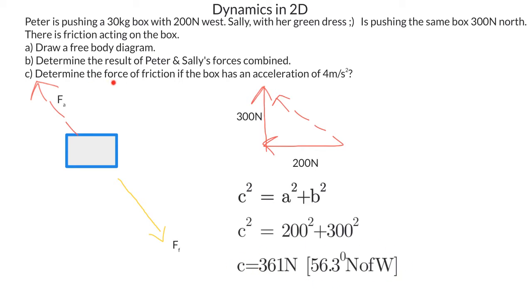And then now when I'm determining the force of friction, well, the nice thing is that these two forces are exactly opposite to each other. I do not need to do any angle work. It is just purely either addition or subtraction. And so if it's asking me to find the force of friction on the box, I want to know what this value is. The key to this particular problem is that it gives us the acceleration and it gives us the mass.